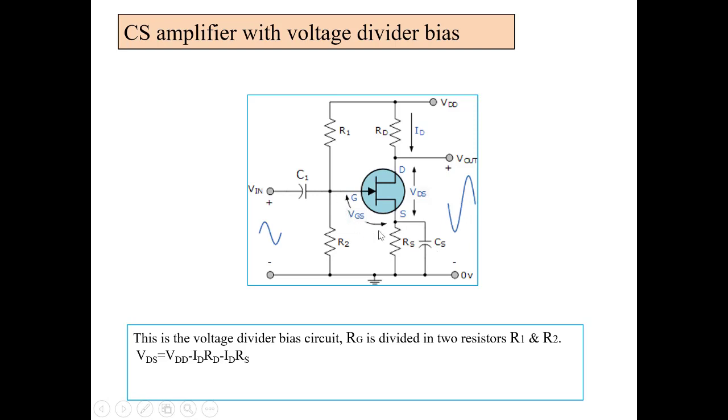Now the voltage drop between gate and source is denoted by VGS, and the voltage drop between drain and source is denoted by VDS. This is the input sine wave.